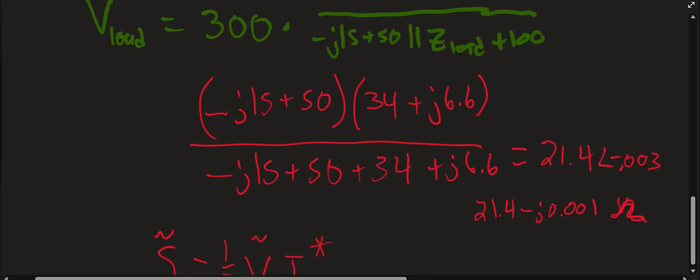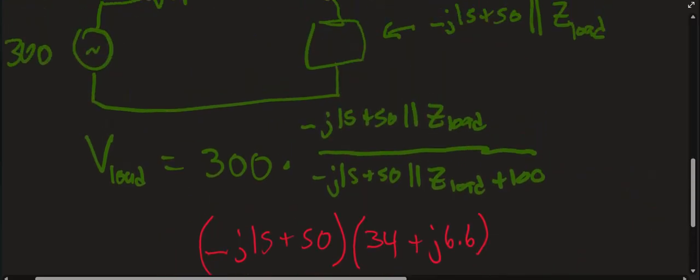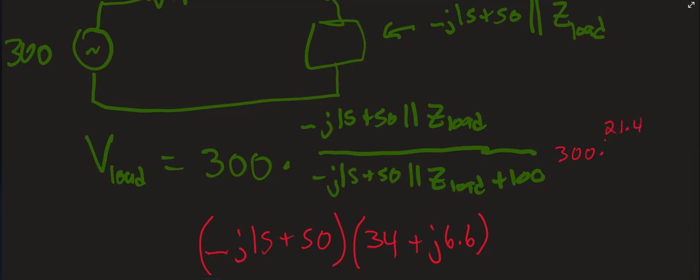Okay, so 21.4. So this will be 300 times 21.4 over 121.4. So I was wrong earlier when I said the 100 ohms was not making it, it's the other part that's not making it.